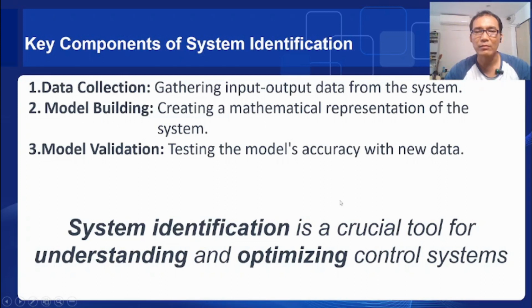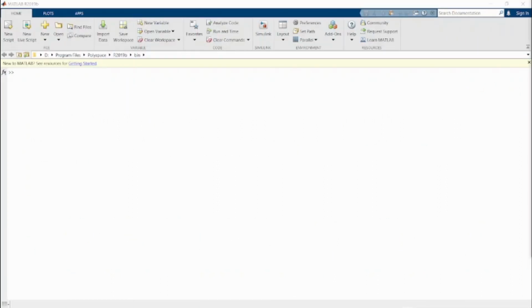Next, we can try system identification using MATLAB software. First, we input the data. This is the data of amplitude, and then the data of the phase, and the last is the frequency.